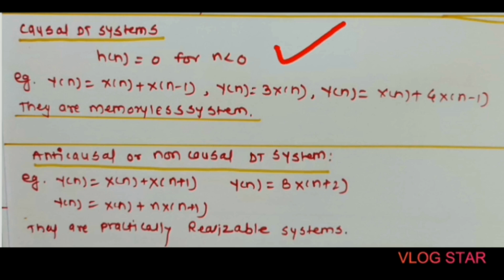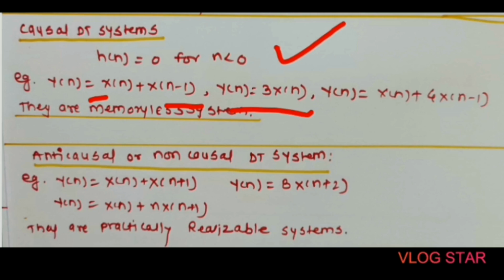If we take some examples, then y of n is equal to x of n plus x of n minus 1. Here the y of n depends on x of n and x of n minus 1. So x of n is the present value, and x of n minus 1 is the past value. Second, y of n is equal to 3 into x of n.